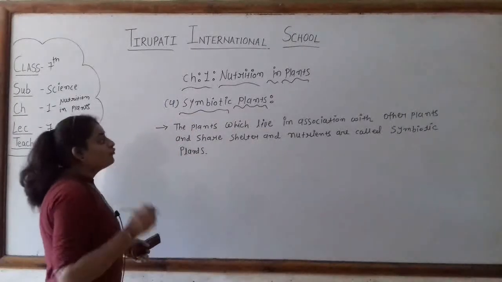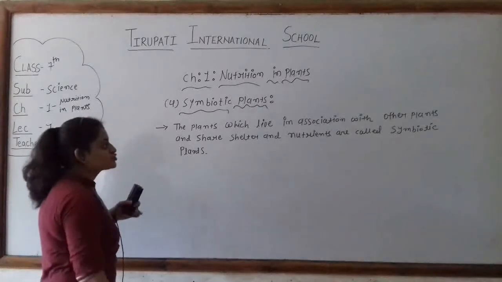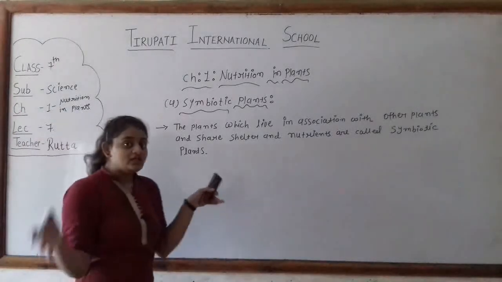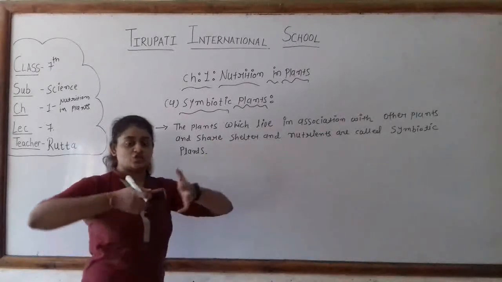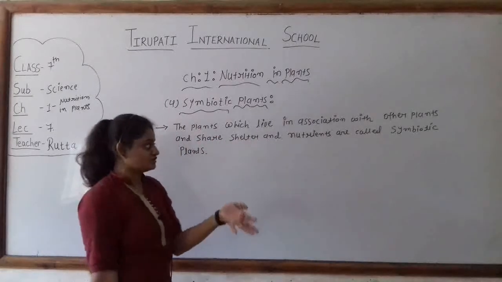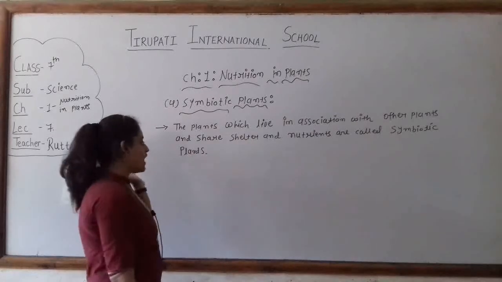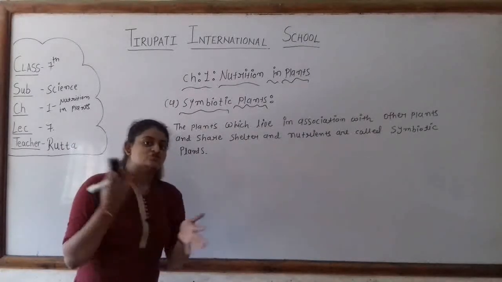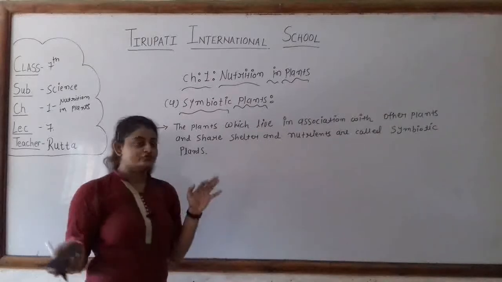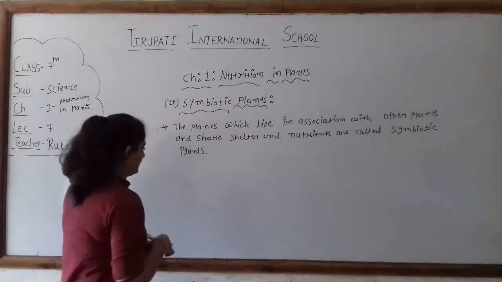The plants which live in association with other plants, living together and sharing shelter and nutrients, are called symbiotic plants. Two plants which can live with each other and share their shelter and food are called symbiotic plants.